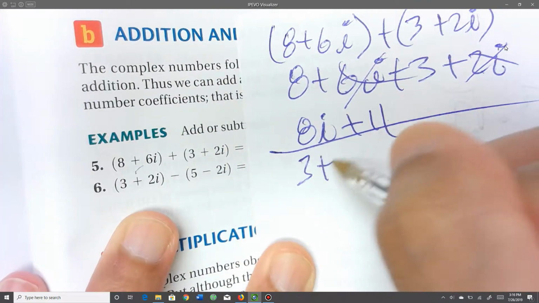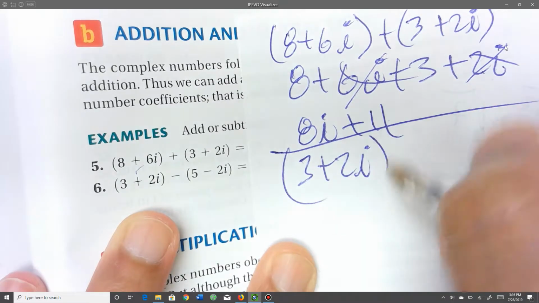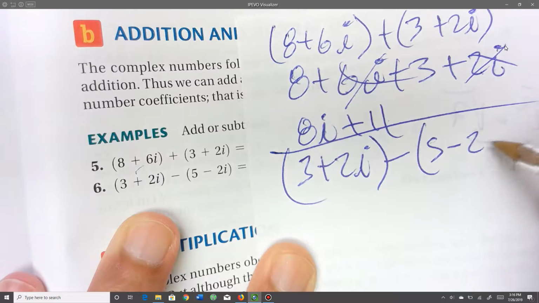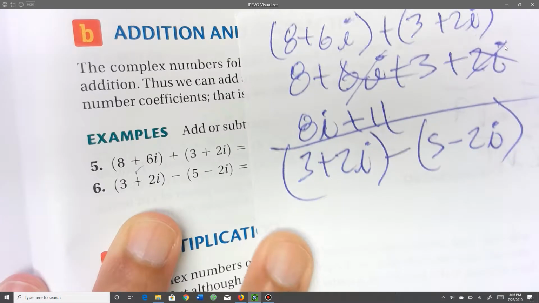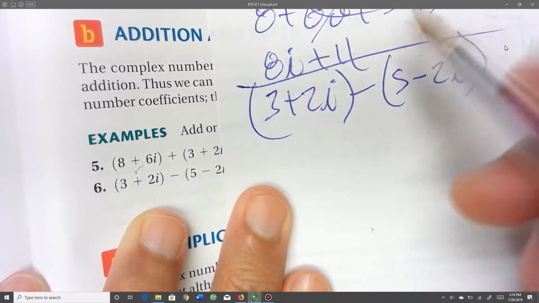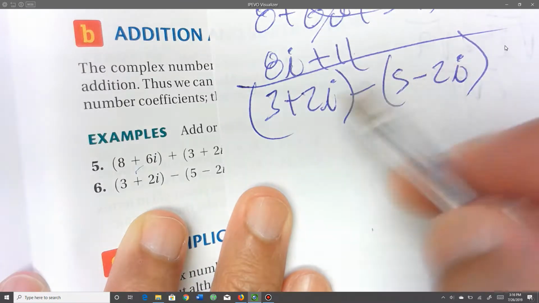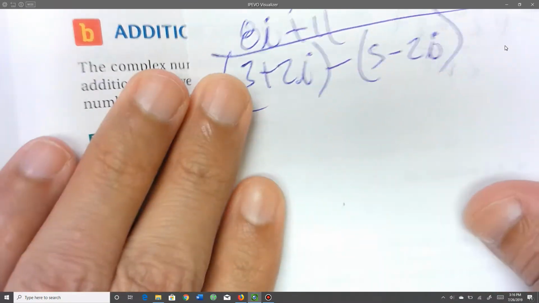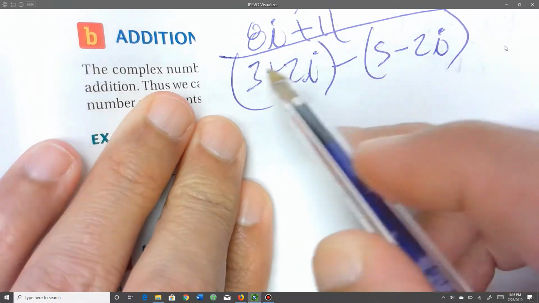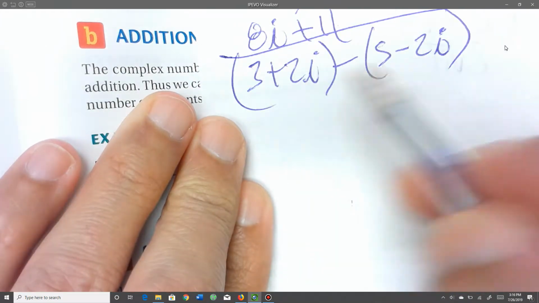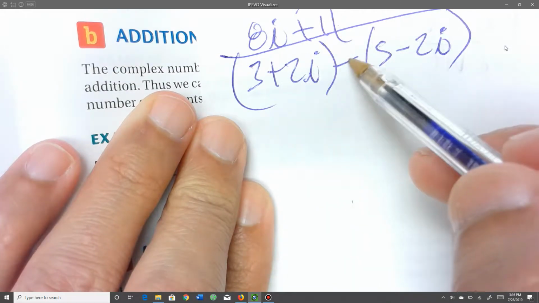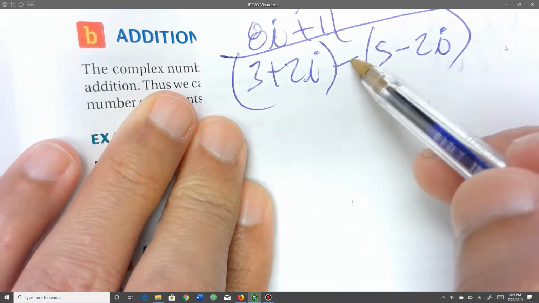So what about 3 plus 2i minus 5 minus 2i? Well, in this case, we are subtracting. We're not multiplying either. Since all of these are not positive terms, we need to go ahead and work on that.